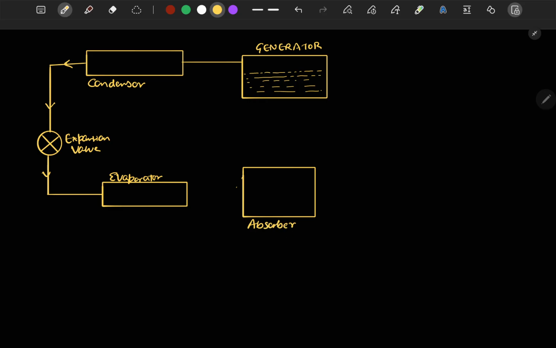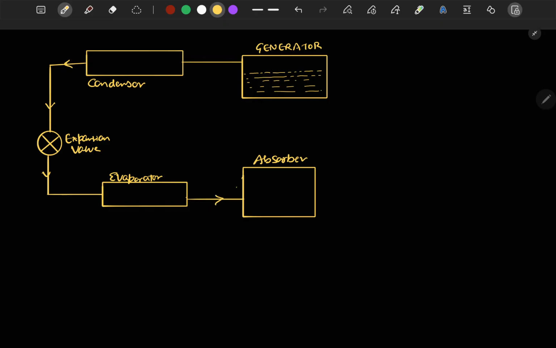Or let's write absorber here. Absorber. Okay, now this is pumped. So first let's show it here.